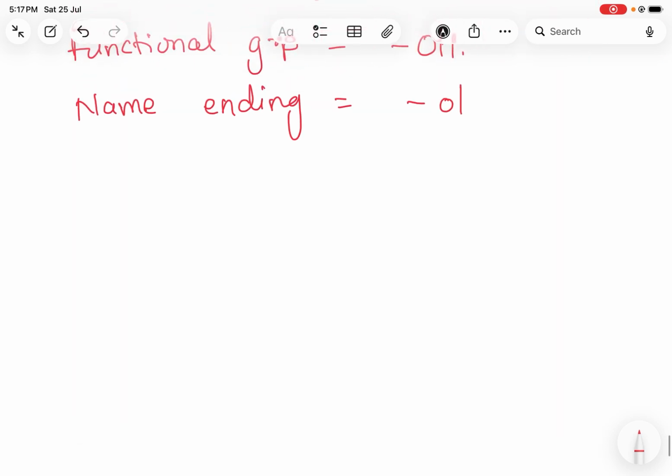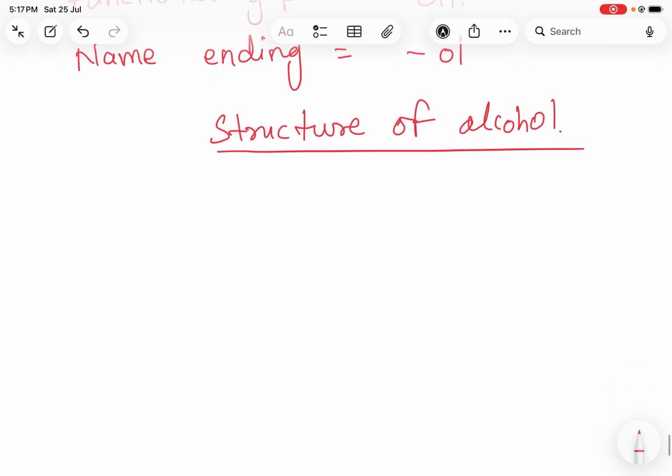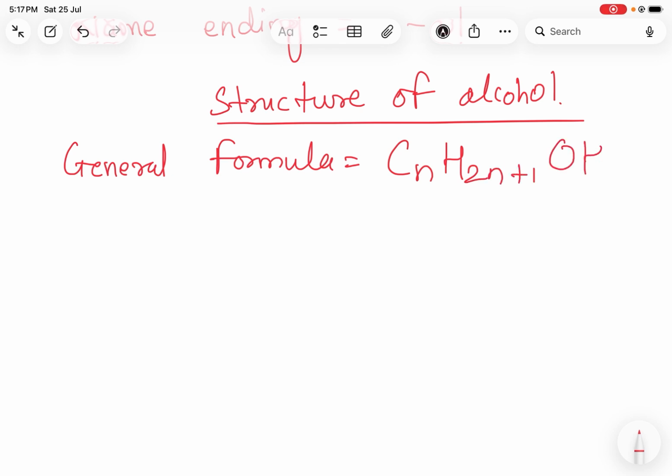So we have to draw structures of alcohol. For drawing the structure of alcohol, as I told you earlier also, if you know the structures of alkanes, it will become really easy for you to draw the structures of alcohols, alkenes, carboxylic acids, etc. The general formula for alcohol is CnH2n+1OH, where n is equal to 1, 2, 3, or more than that.